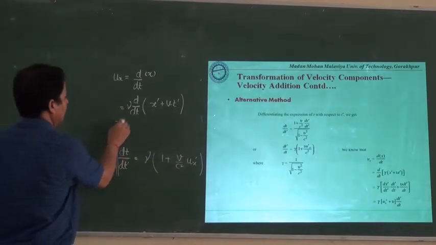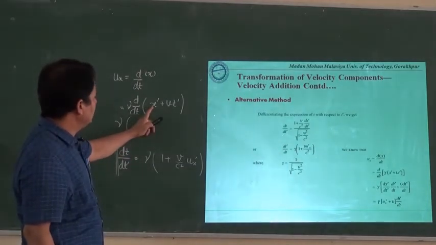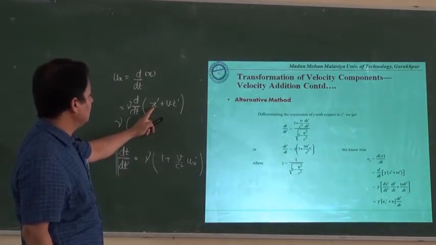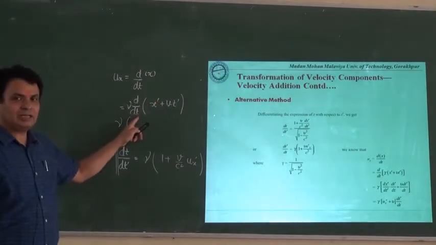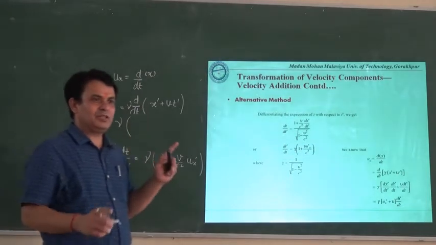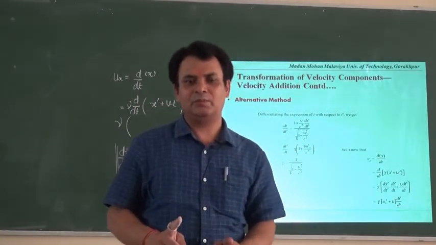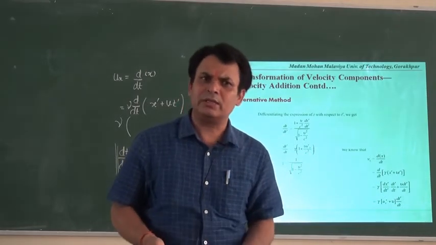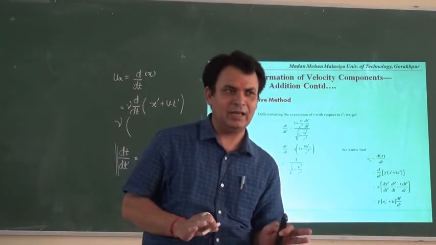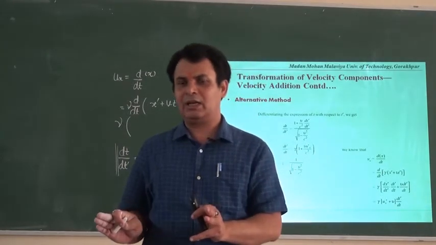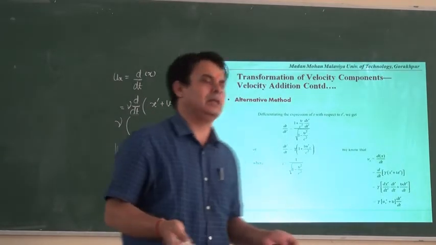Gamma times, let us differentiate it with respect to t, but x dash is in the dash coordinate system and t is in the non-dash coordinate system. That's why we cannot differentiate dx dash with dt. If we do the same, it will be meaningless, because one quantity is in the dash coordinate system and the other is in the non-dash coordinate system. That's why it will have no meaning at all.